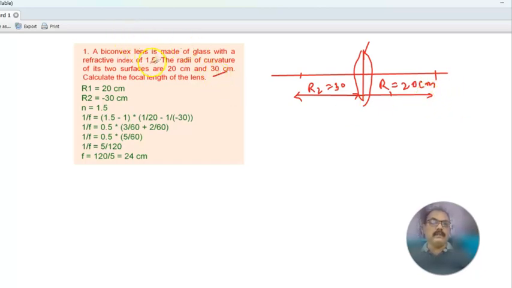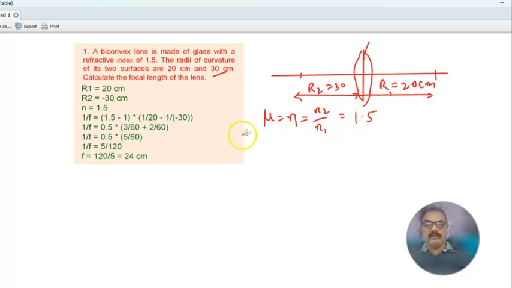So what is the focal length, and what is the refractive index? Mu is already, or you can say, N. In the textbook it is given as N. N is N2 by N1, N1 is 1, so it will become 1.5.